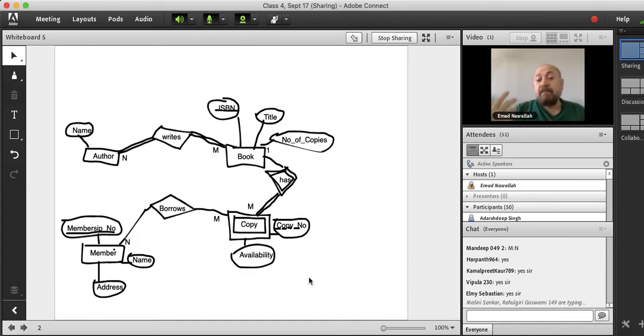So it's obvious how the weak entity depends completely on the owner entity. Any questions?